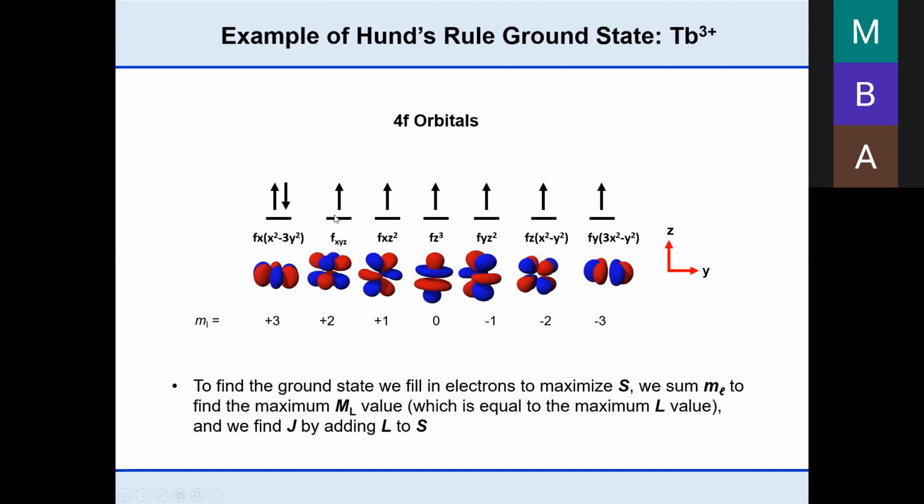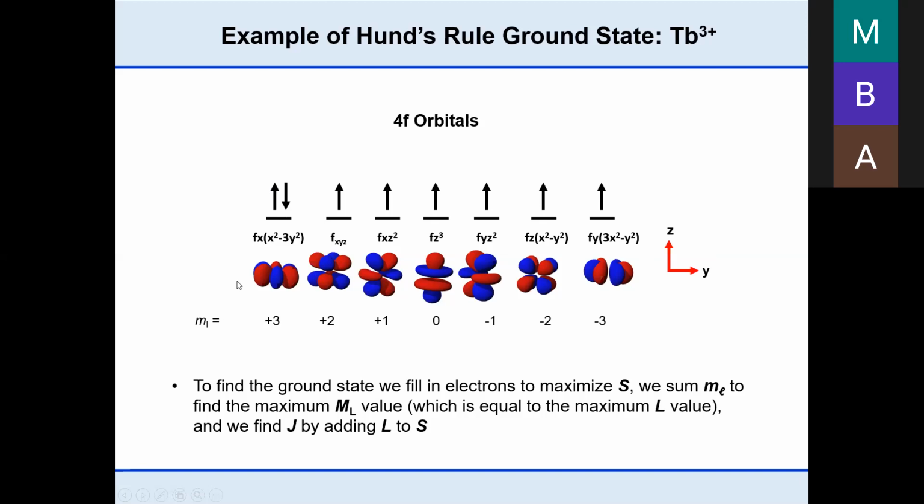And in applying the last rule, we want to find the maximum J value, right? Because this orbital set is more than halfway filled. So to maximize J, we add L to S, and to minimize J, we subtract L from S and take the absolute value of that.